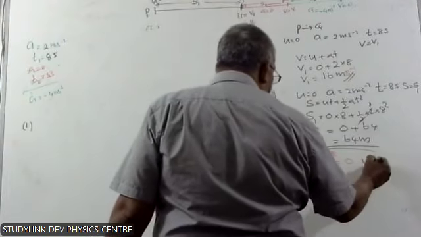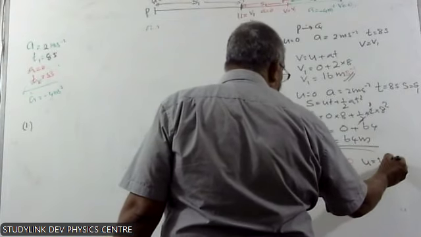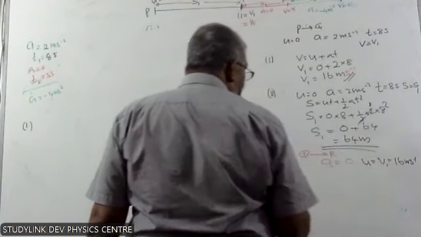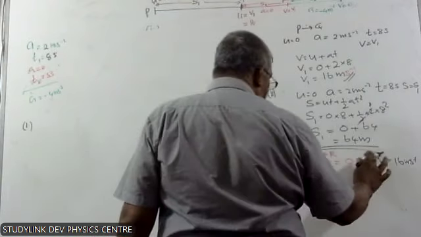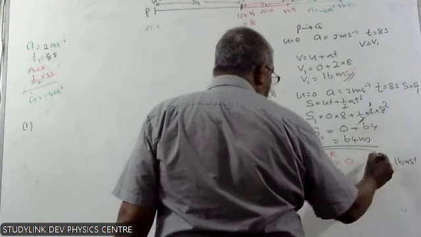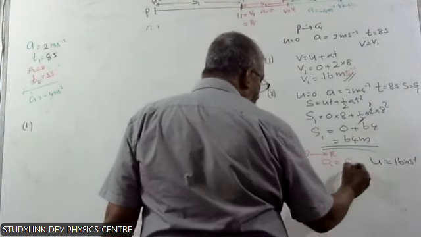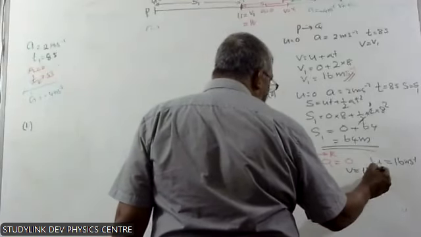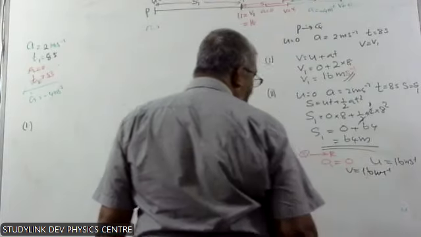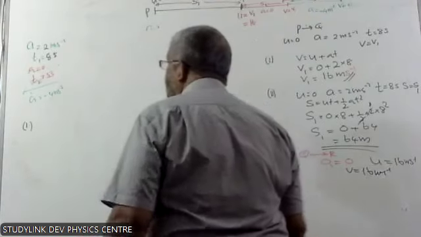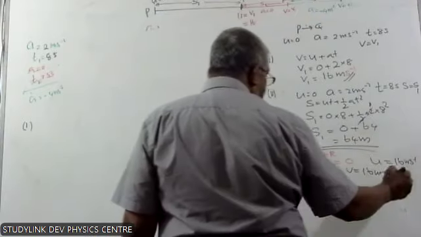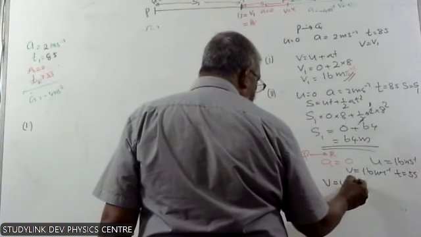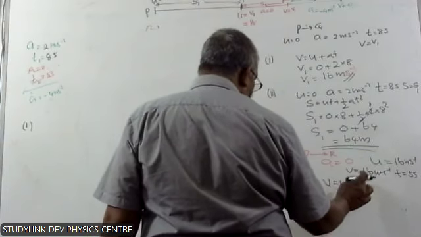Then u is equal to V1, that is 16 meters per second. So u is directly the value 16. V is a constant velocity 16 meters per second. Therefore, t is given as 5 seconds. So V equals u plus at, then you get the same value.